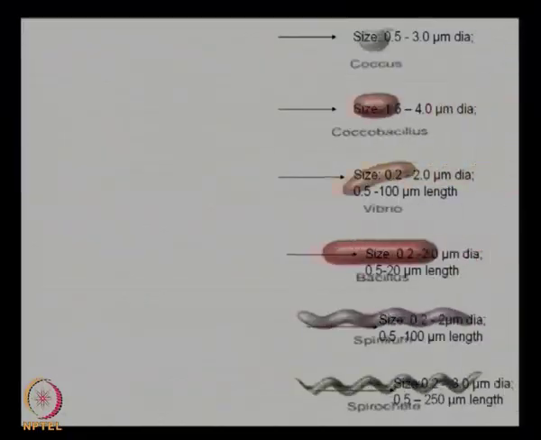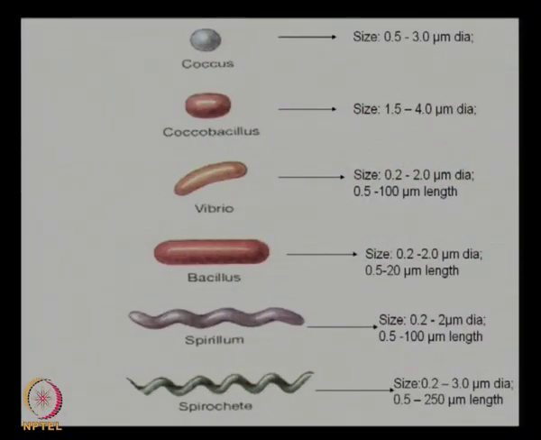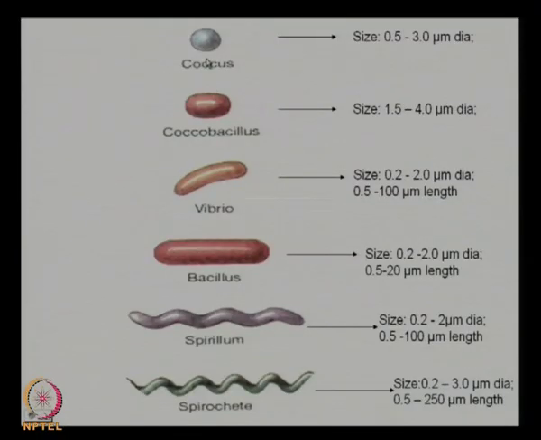Now, if we see the entire bacterial world based on its shape, the bacteria can be categorized. We will find that some of these bacteria are round or spherical in nature, some are rod shaped and some are spiral in nature.